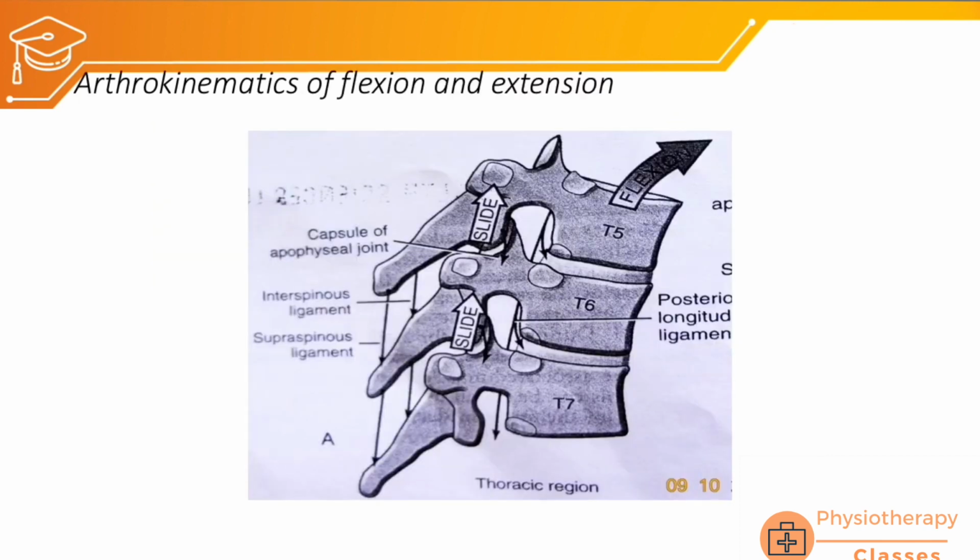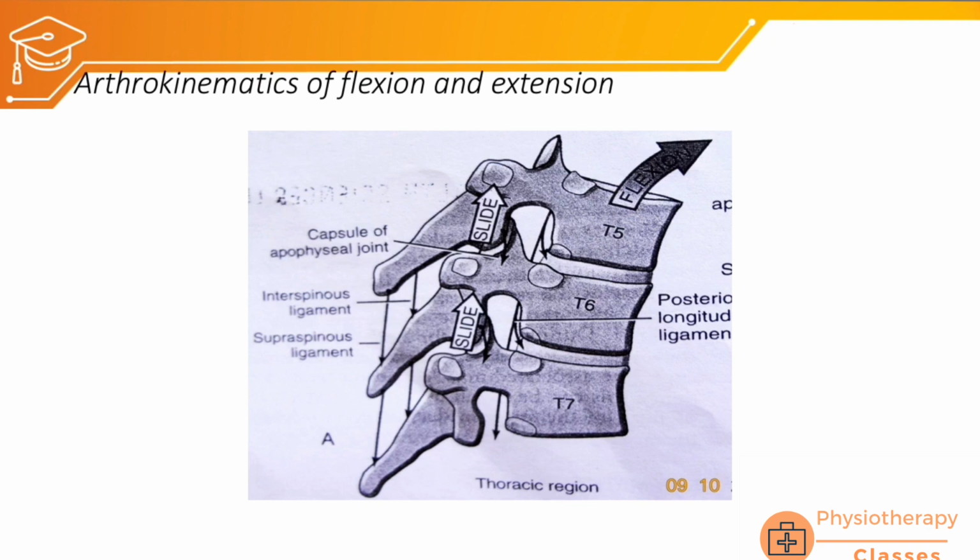Now moving on to arthrokinematics of the thoracic vertebra. It is similar to the cervical vertebra, just the range of movement is less compared to the cervical vertebral column. The arthrokinematics, that is sliding of the facet joints, are in a similar direction to the cervical vertebral column. Now what was the direction of the slide for flexion of the cervical vertebral column?